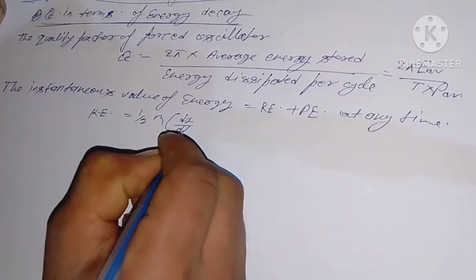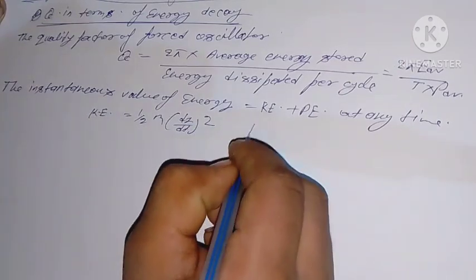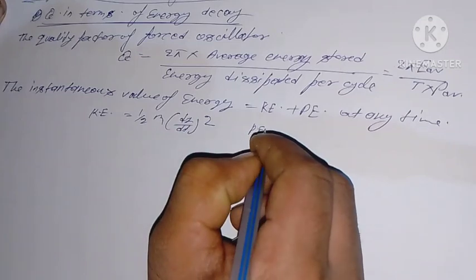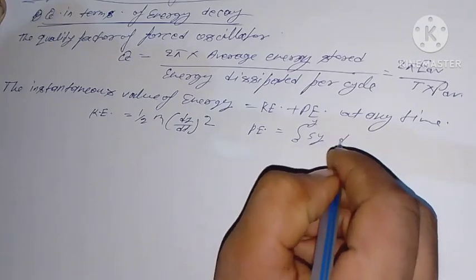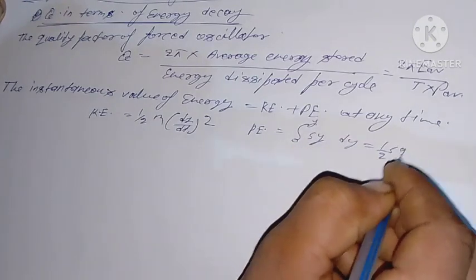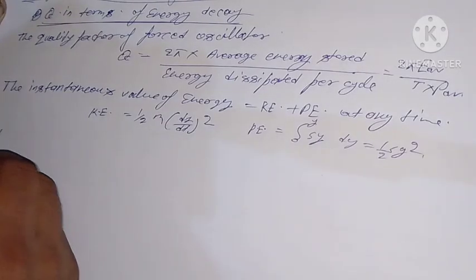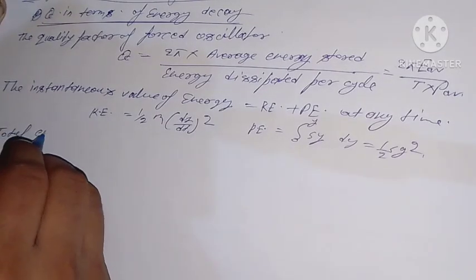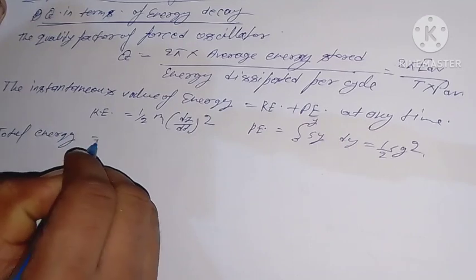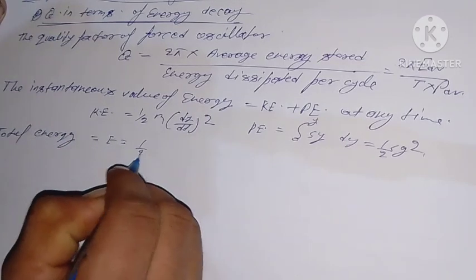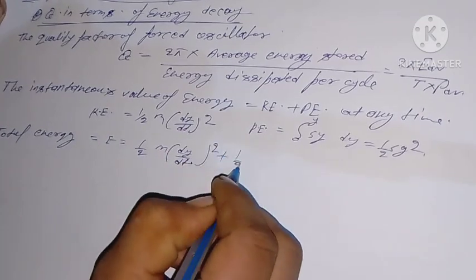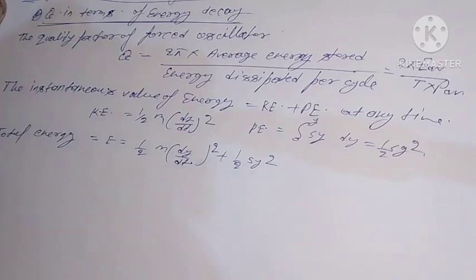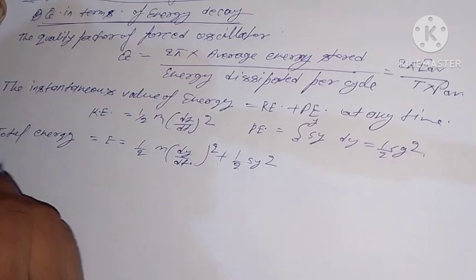The kinetic energy equals 1 by 2 m (dy by dt) square, and potential energy equals integral 0 to y of s y dy, equal to 1 by 2 s y square. Total energy equals 1 by 2 m (dy by dt) square plus 1 by 2 s y square.